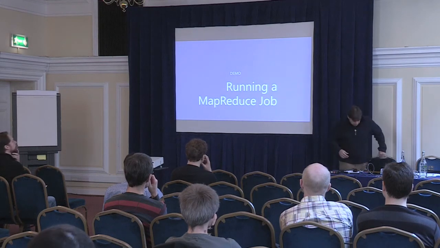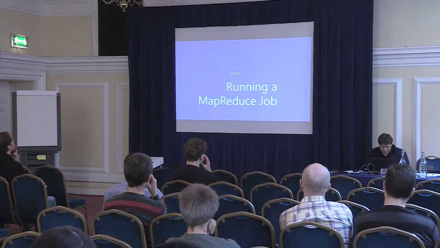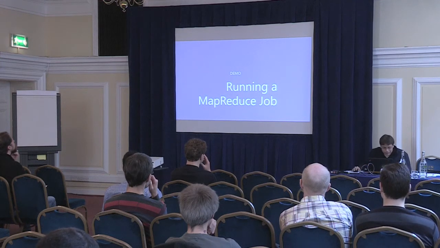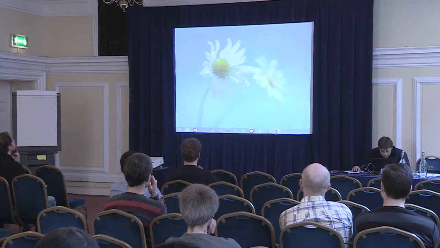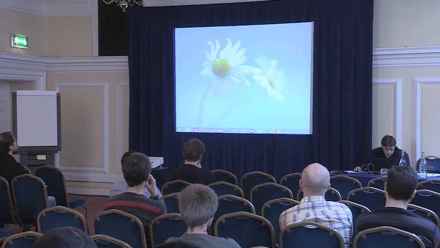All right, so this is where we're going to have to do a little bit of pretending. So we're going to run a MapReduce job. So what do you do to... once you set up the emulator, there's a couple things that would actually show up here.